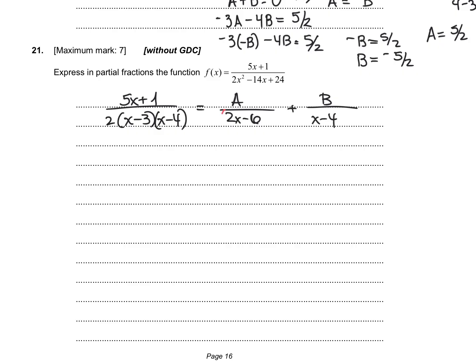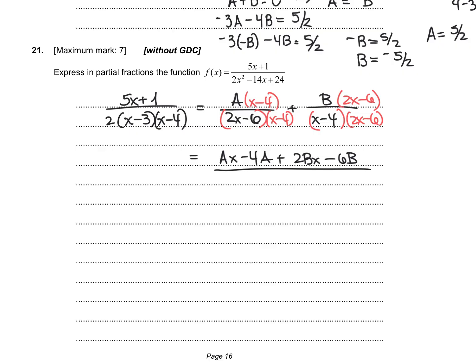Make the same denominator. And distribute. So ax minus 4a plus 2bx minus 6b. And that's over our common denominator.